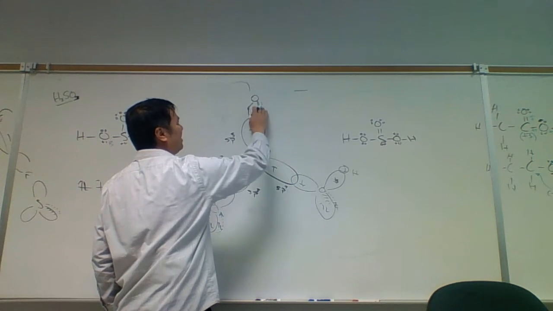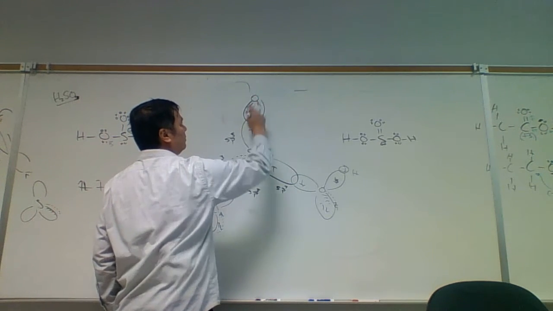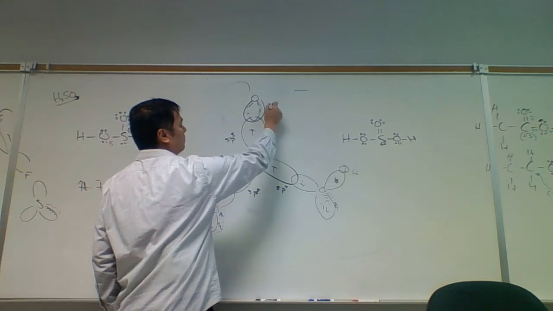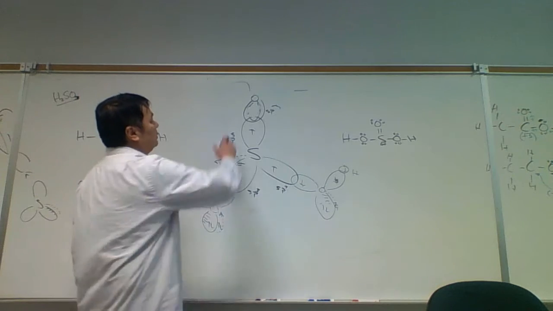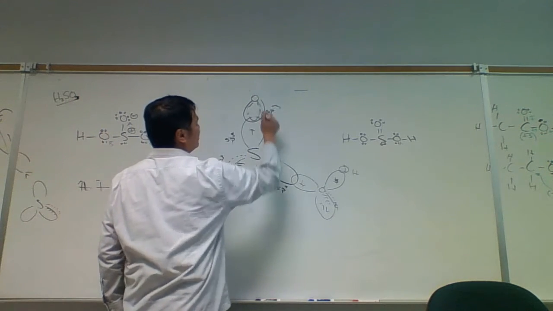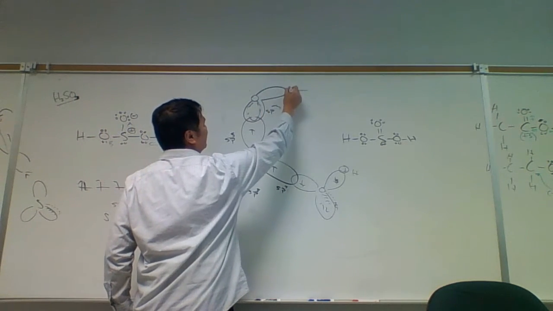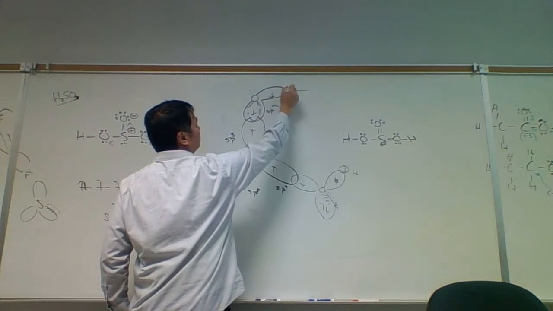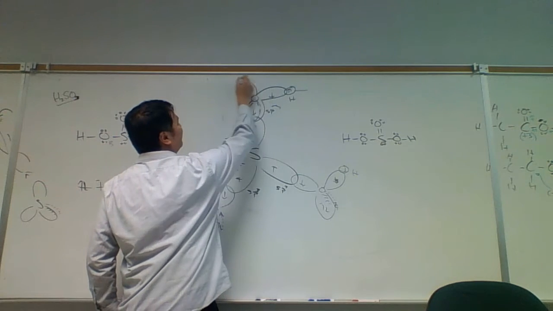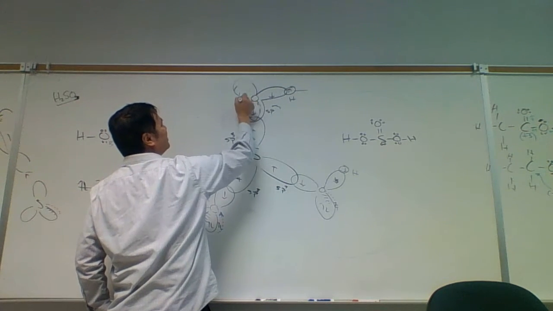I'm going to have to draw this. So, how should I draw it? I want to put the hydrogen in the plane, so let's go like this, and then we'll put the hydrogen here. And then that means 1 comes out, and then 1 goes in.